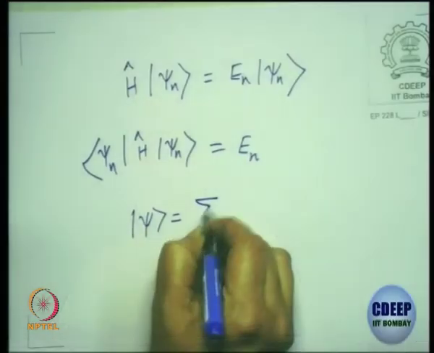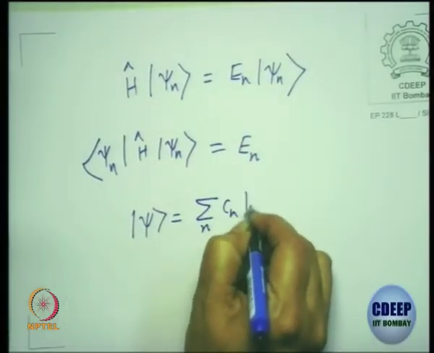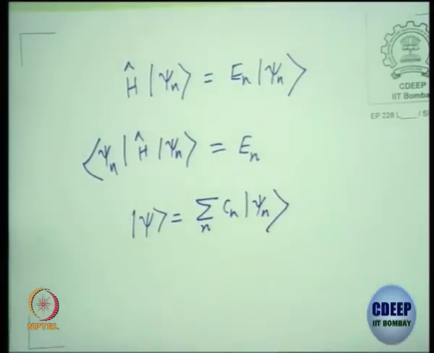But what exactly are you doing in expectation values for a superposed state? Suppose I have a superposition, the sum of Cn psi n. What exactly are you doing here? When you try to do a measurement, what happens?